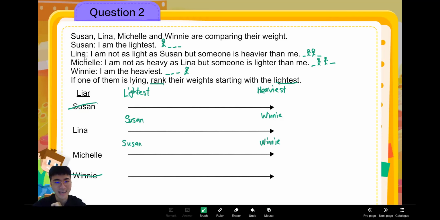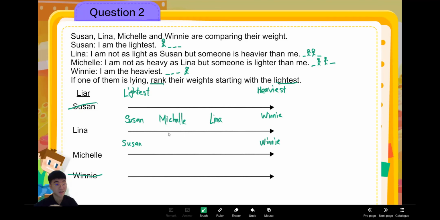So if Lina is lying, then Michelle is telling the truth, where I'm not as heavy as Lina, which means she's supposed to be lighter than Lina. Okay, so Michelle will be here and Lina will be here. But someone is lighter than me, which is Susan. But this scenario couldn't happen.